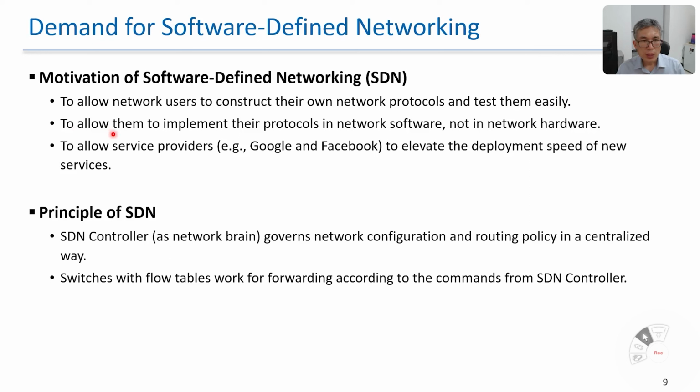Secondly, to allow them to implement their protocols in network software, not in network hardware. So the network operating system can support that kind of extension over proprietary or standard protocols in their network system.